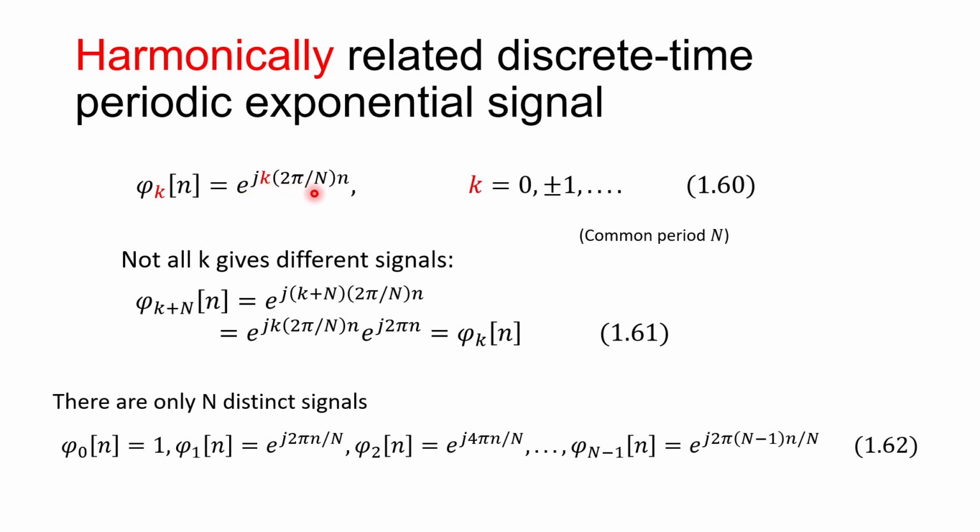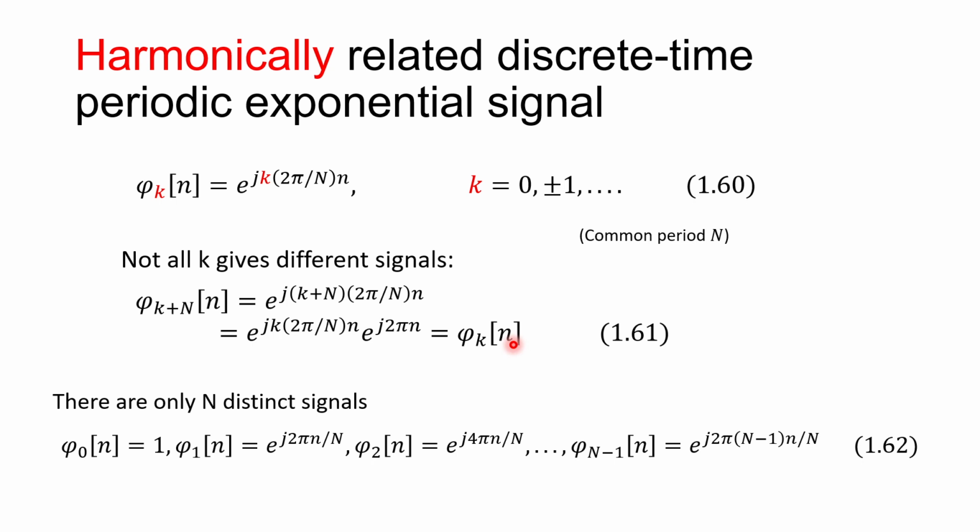and remember that for a discrete time signal, omega is only meaningful between 0 and 2 pi. So there are actually not infinite k that are meaningful here. For example, if k is increased by a value of big N, then you go through this exponent calculation and you see that it is the same as psi k of n.